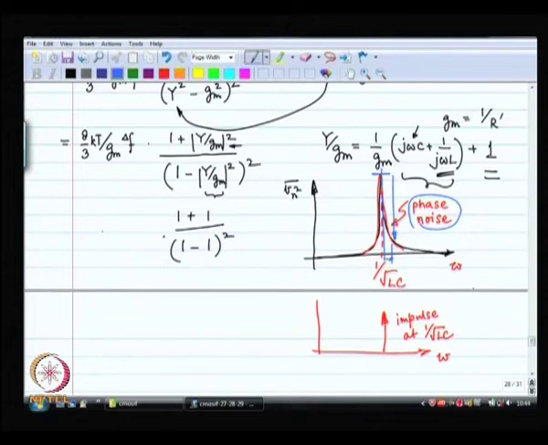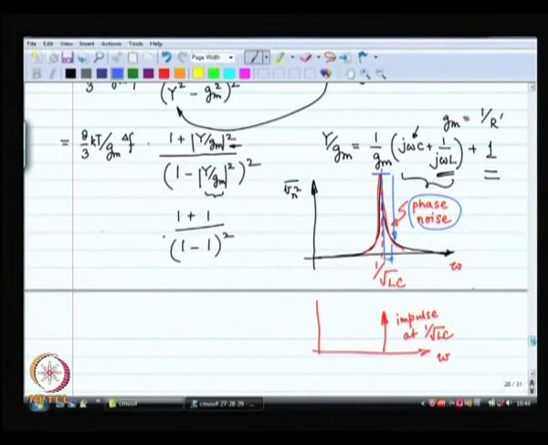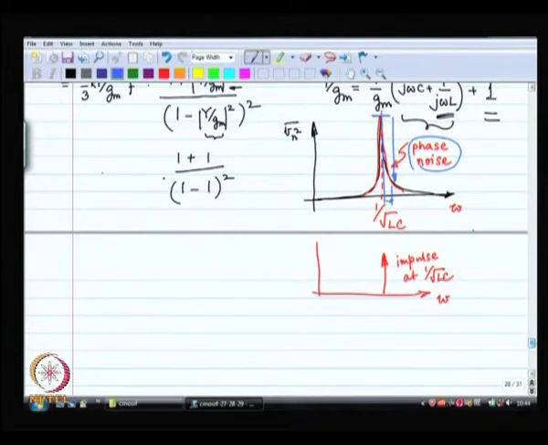So, it is called so many dBc, dB with respect to the carrier, at an offset frequency of so much from the center frequency, from the carrier frequency. That is how we quantify the phase noise in an oscillator.